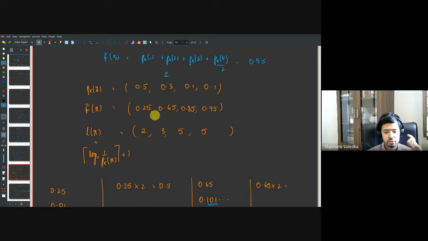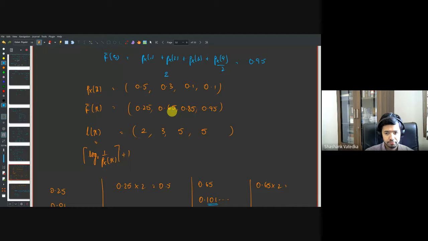Even though I want to encode a single symbol, I have to construct the entire code word tree and obtain the code words for all 1,000 symbols. Whereas in this case, I don't need to find out all the 1,000 code words. I just find out the code word that I am interested in.